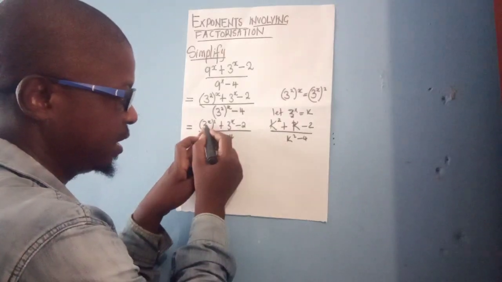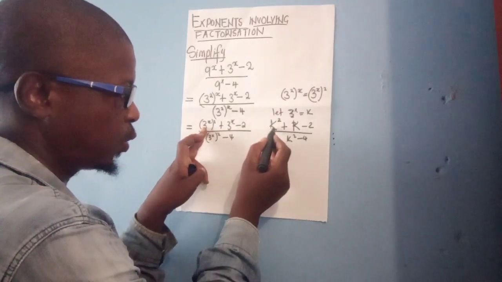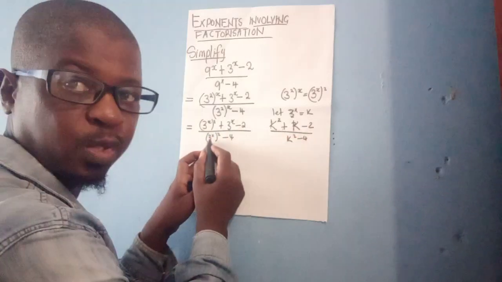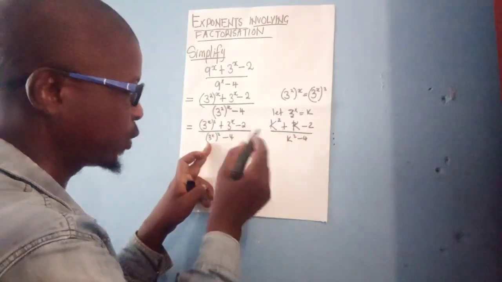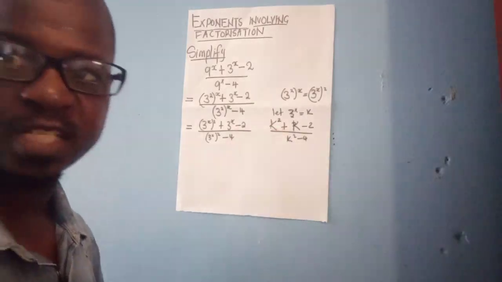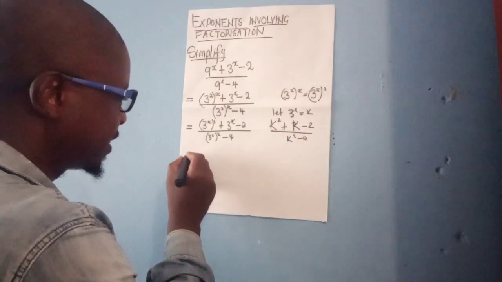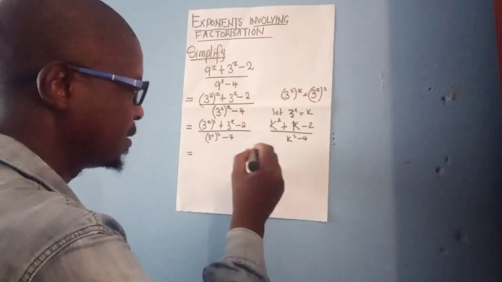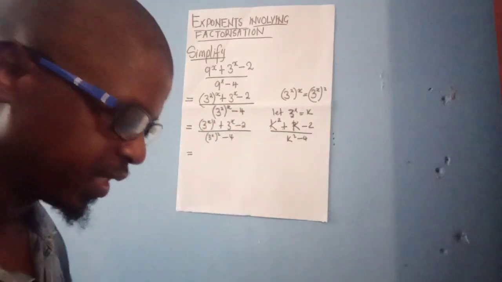So this is the 3 to the power of x squared, so it's k squared plus k minus 2. This one I also call k, so it becomes k squared. So I now have a quadratic expression, and I can factorize it.